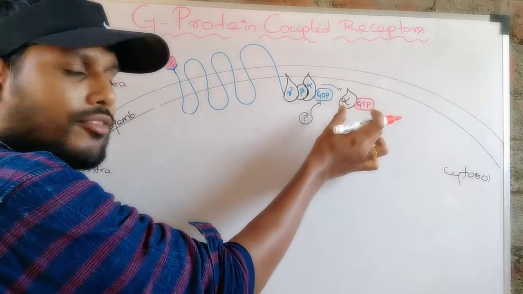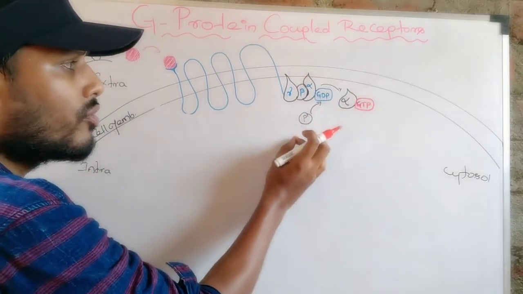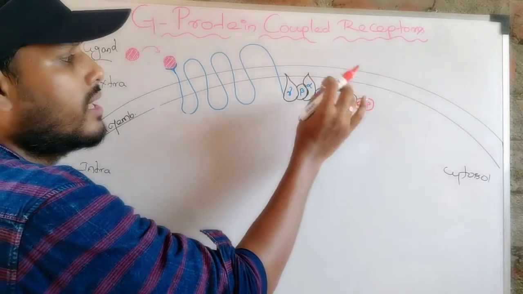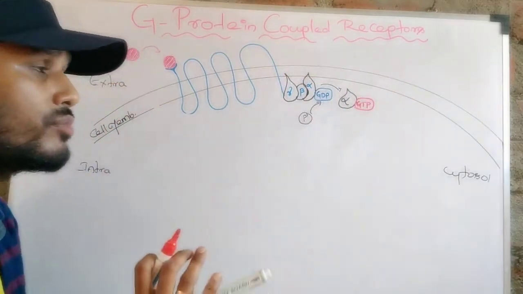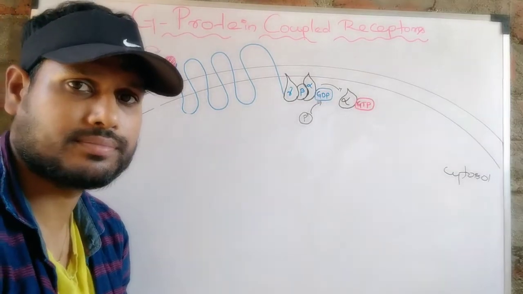The alpha subunit gets activated whenever phosphorylation happens at this position. This alpha subunit then dissociates from the other subunits.